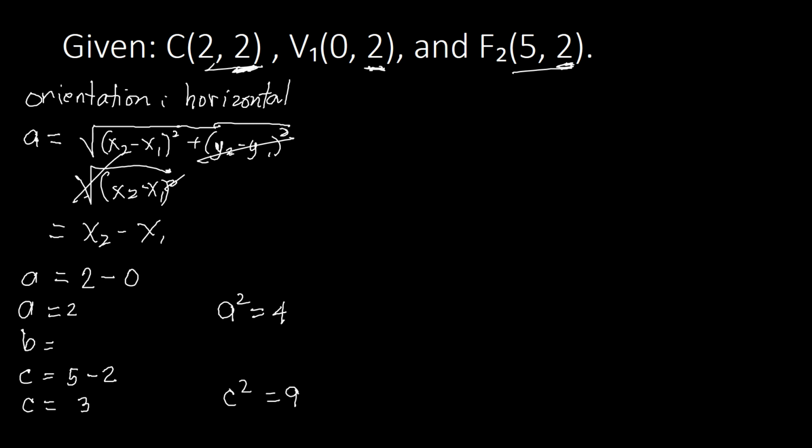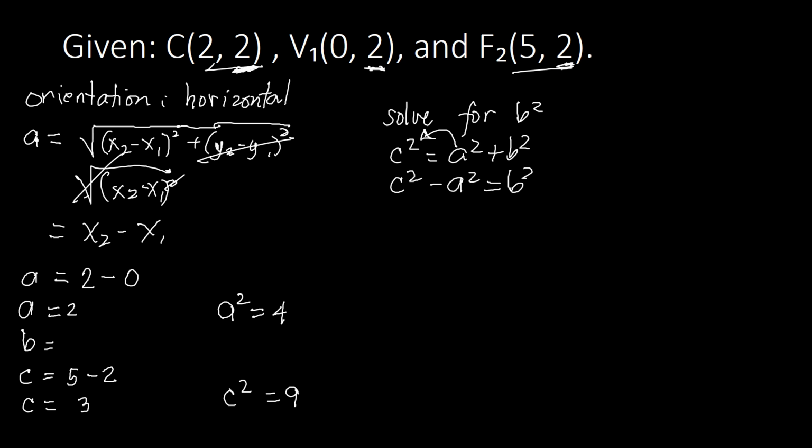We can now look for our b squared. To solve for b squared, we can use c squared equals a squared plus b squared. And since we're looking for b squared, we can move our a squared to the other side so that we can have c squared minus a squared equal to b squared.